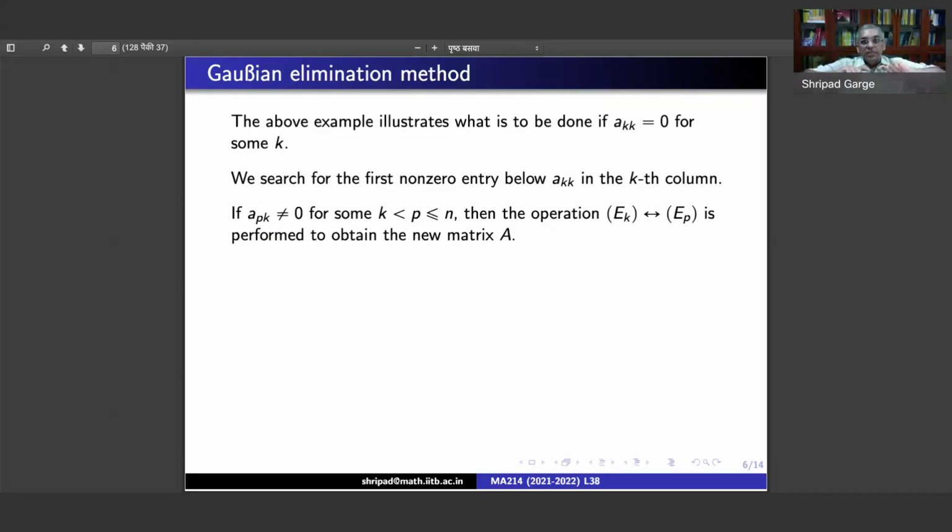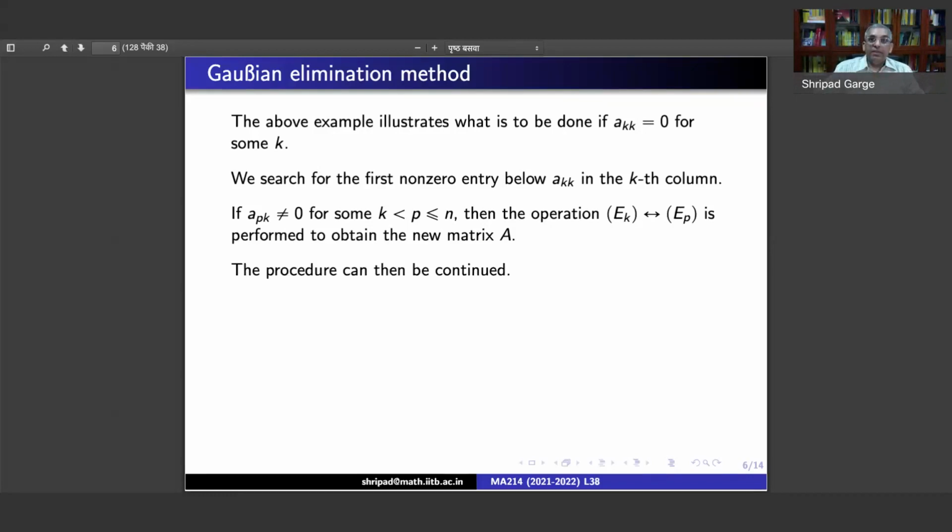Therefore, even if you switch EK and EP, the number of leading zeros, which is K-1 for both of these, is going to be the same. Then you have this new EK, which has its kth entry non-zero, and now you can continue the procedure.